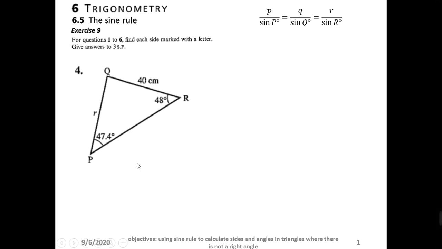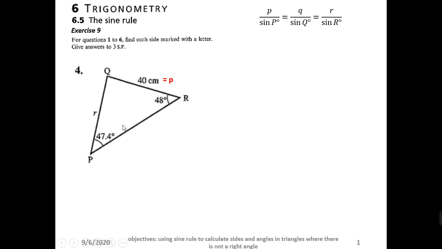So this is side P small, which is the 40, because it is right opposite to angle P, which is 47.4, over sine 47.4, is equal to side Q, which is right opposite to angle Q, which is PR, over sine Q, is equal to side R, which is opposite to angle R, over sine R.